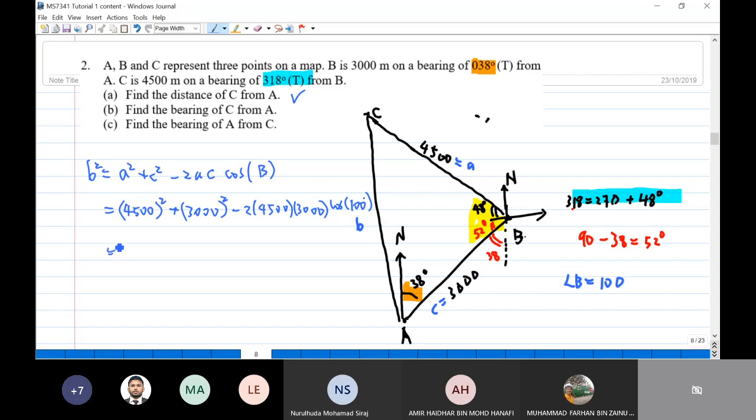So let's see what B squared is now. I use the calculator to find out.